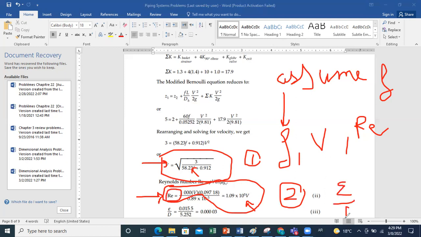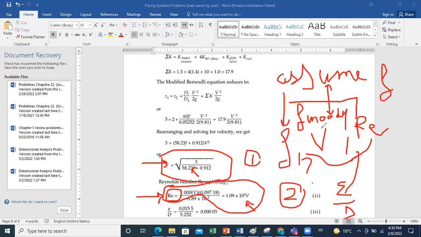Let me go to the Moody chart to find, for this Reynolds and this epsilon over d, what f will be. I determine f from Moody. Now what should I do? I should compare my assumption to the f I got from Moody. Is it close? Fine. If it's not, I update the value of f.